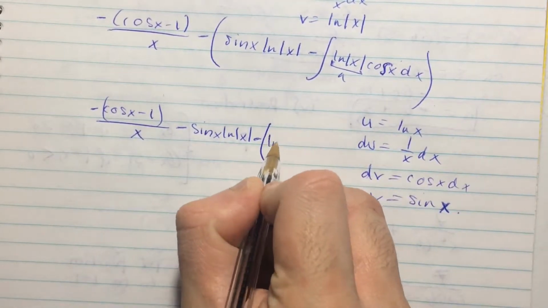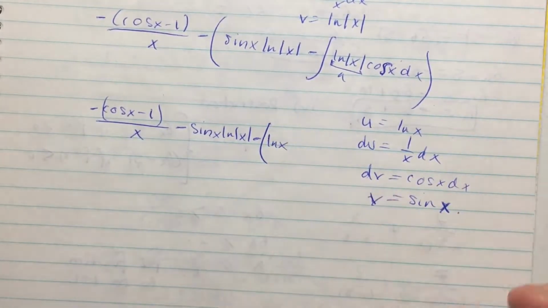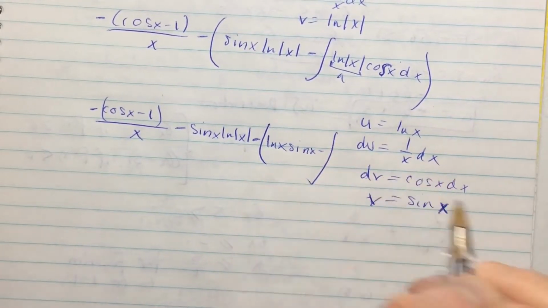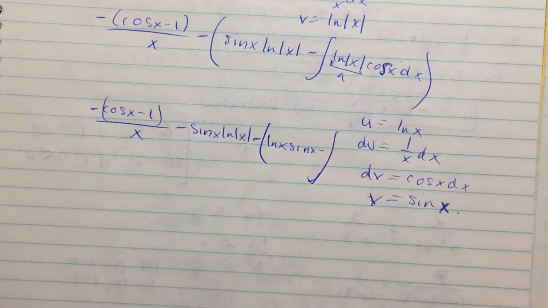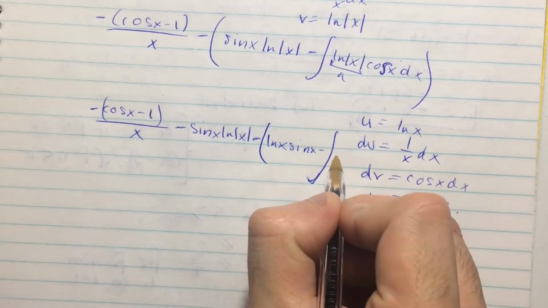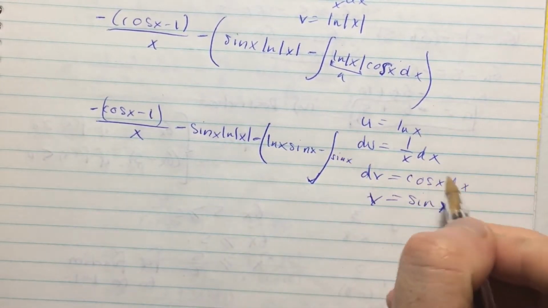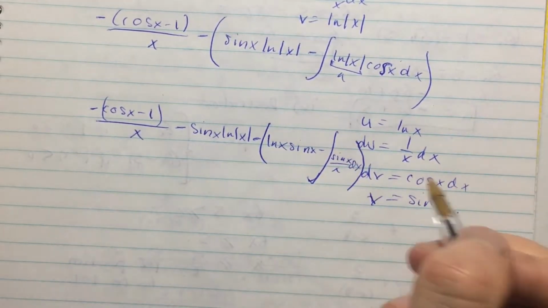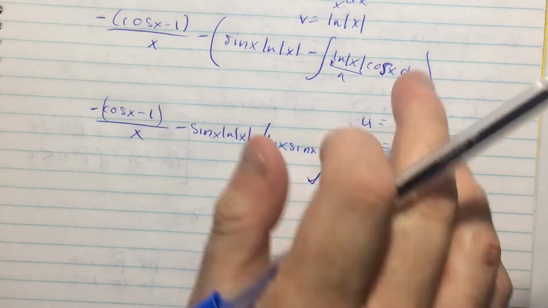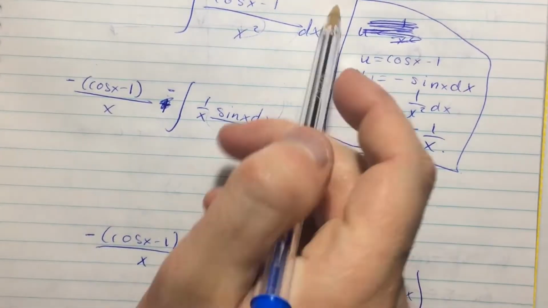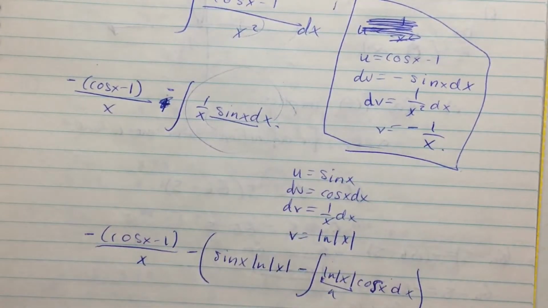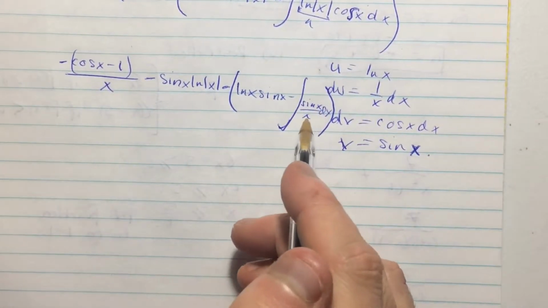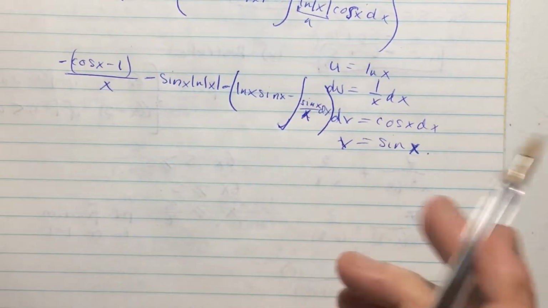So, ln of x times v, sine x, minus the integral of v du, well, that's sine x, and du is 1 over x dx, so sine x over x dx. I don't know if you noticed though, but I had the integral of 1 over x sine x dx, and I've got it again, the integral of sine x over x dx.